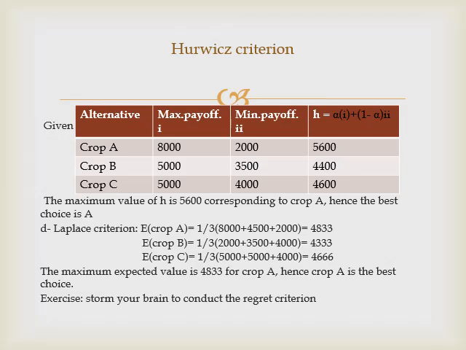This is the Laplace criterion. Okay. Now, the maximum expected value according to the above calculation is 4833 for group A. Hence, group A is said to be the best choice.